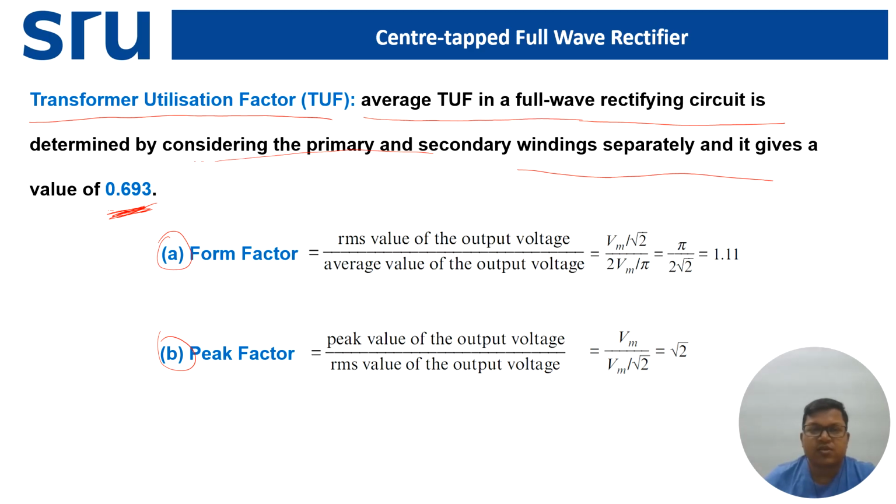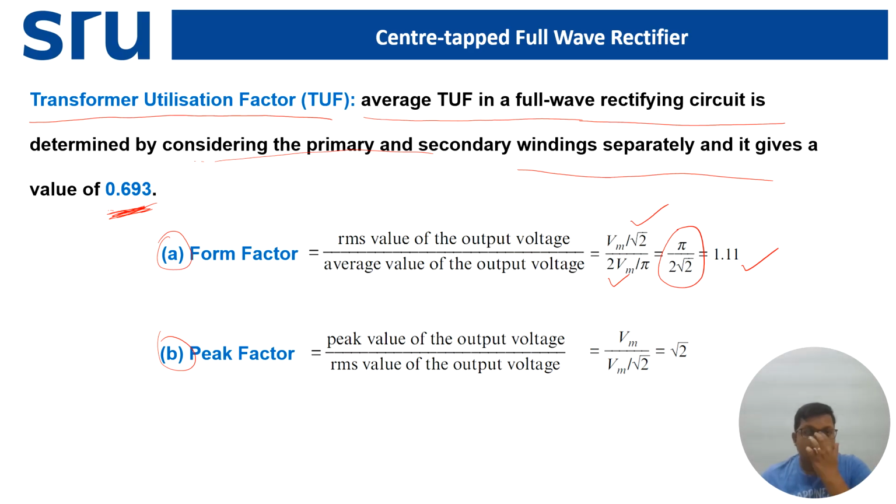The RMS value of the output voltage is Vm by root 2, whereas the average value of the output voltage is twice Vm by pi, and finally we get pi by twice root 2, which becomes 1.11. So the form factor is 1.11 for this case.